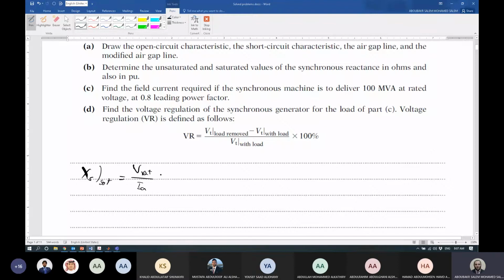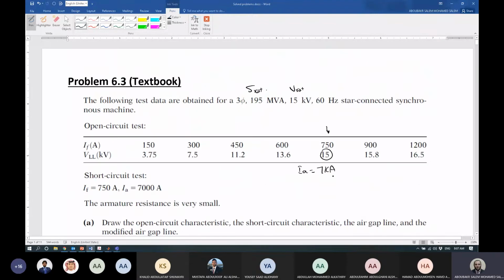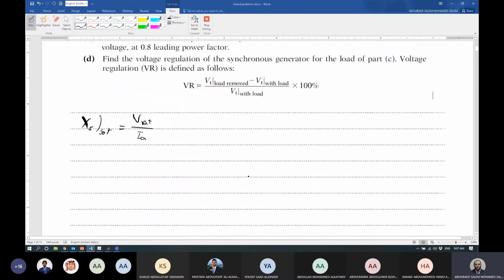The value of IA corresponding to the same field current. So at 750 ampere field current, we said the armature current is 7 kiloampere. So V rated as phase is 15,000 over square root of 3 divided by the armature current, which is 7,000 ampere here.